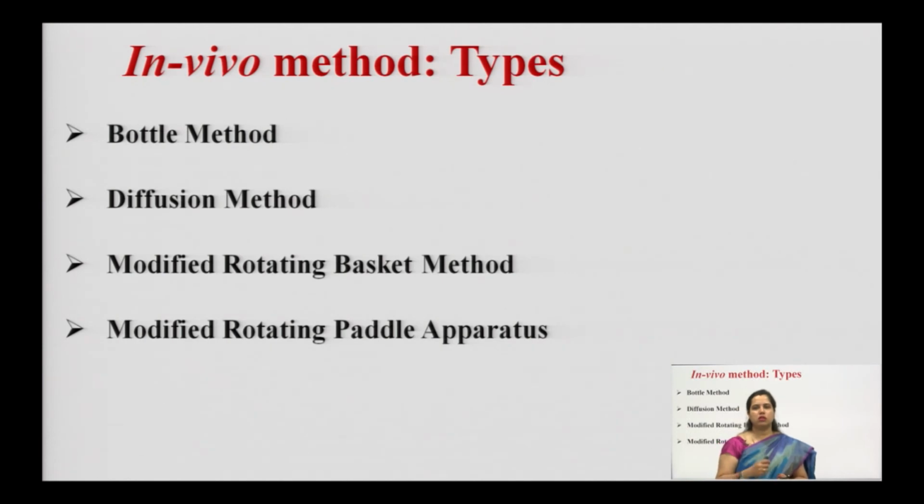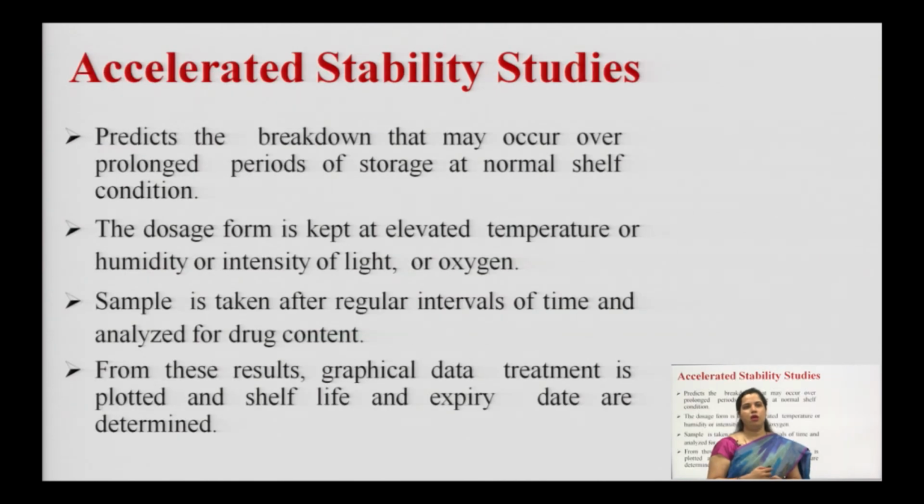So, this is how we do in vivo. Other subtypes of in vivo methods are the bottle method, diffusion method, modified rotating basket method, and modified rotating paddle apparatus. All these methods can be used with the eye film of the animal which we have used in the study.